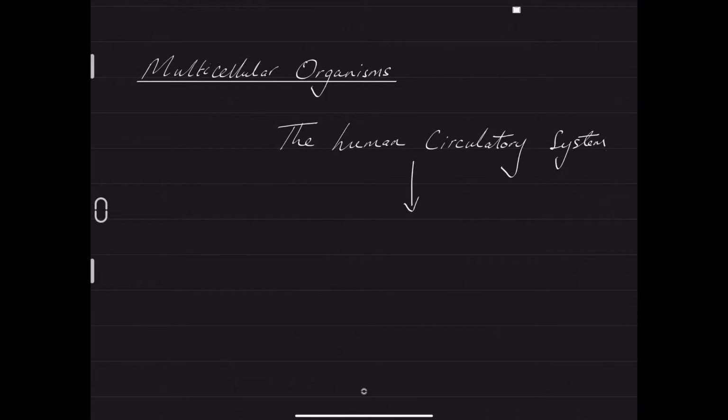This system, we can say, is made up of blood, blood vessels, and the heart.